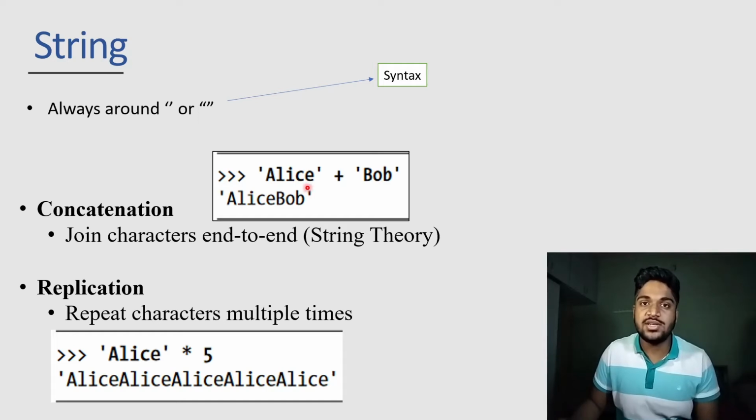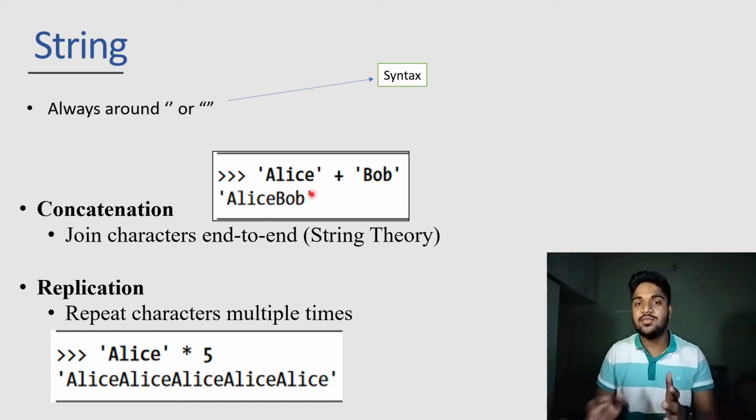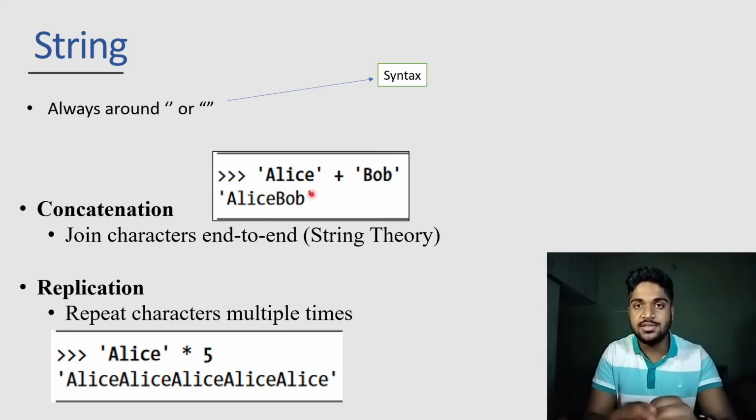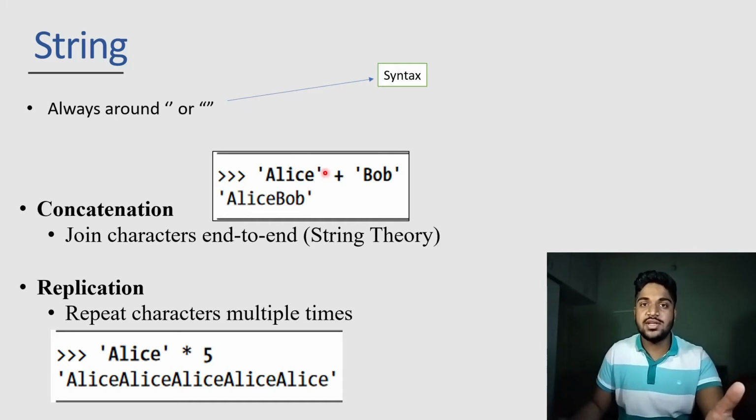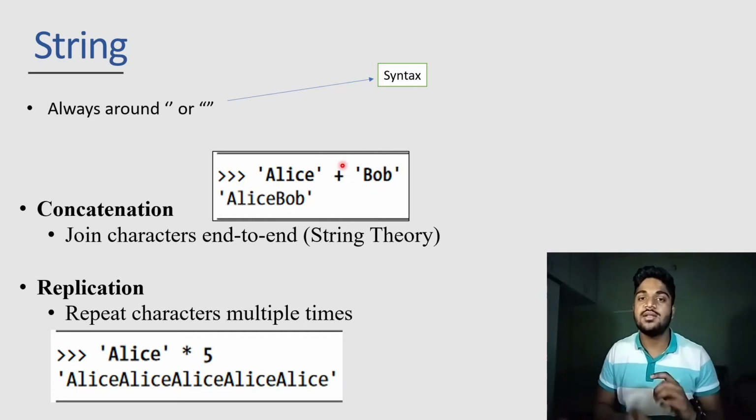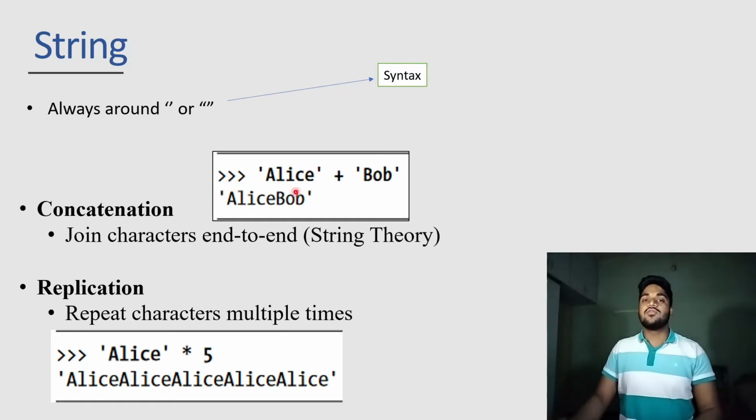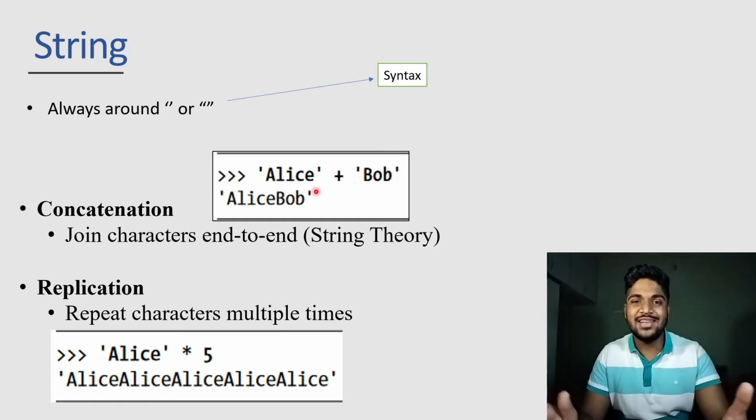When I run this expression, I'll get the following result, which is AliceBob with joined letters. This is also an expression. As I told you, an independent string is a value, so this is also a value, and this is an operator. So 2 values, 1 operator, the code will run smoothly. This is how we can do concatenation. Concatenation is just joining 2 things.